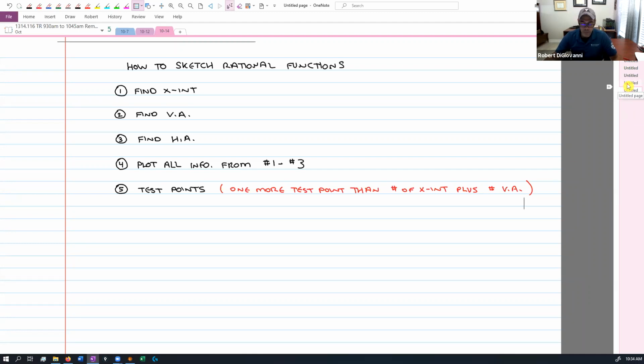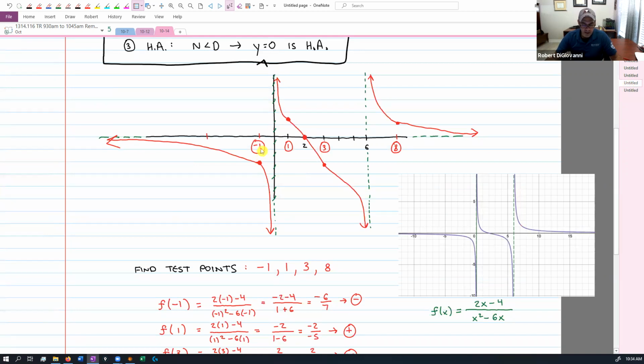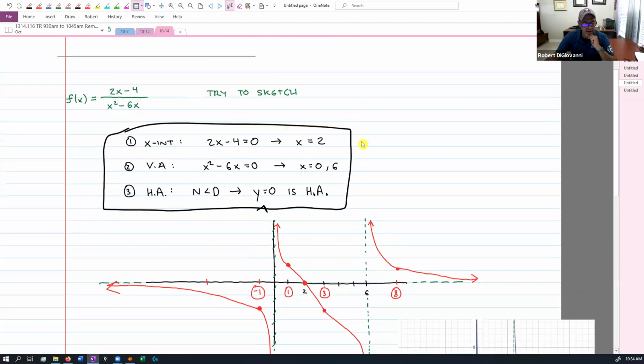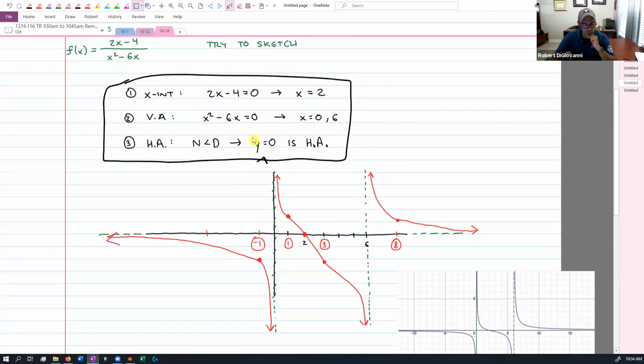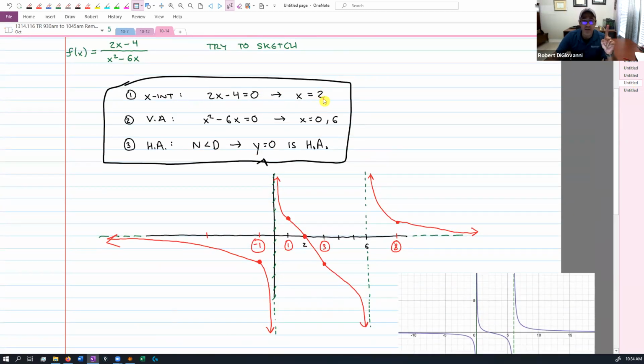So if we go back to this problem that we just completed, how many test points did we wind up with? We had 4. Okay. How many x-intercepts did we have? We had 1 x-intercept, right?